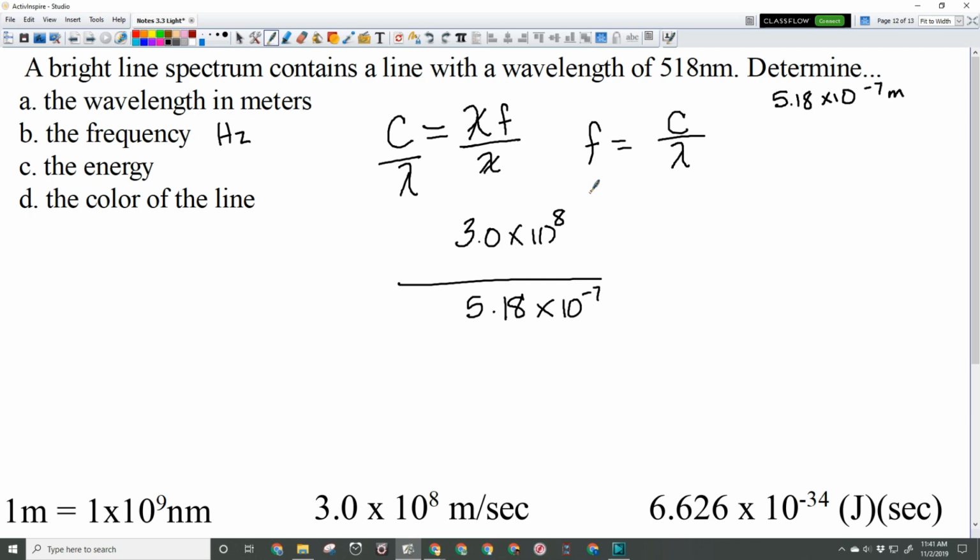Okay, so pick up my calculator. 3.0 times 10 to the 8th power divided by 5.18 times 10 to the negative 7th power. That's going to give me 5.79 times 10 to the 14th, 1 over seconds or hertz.